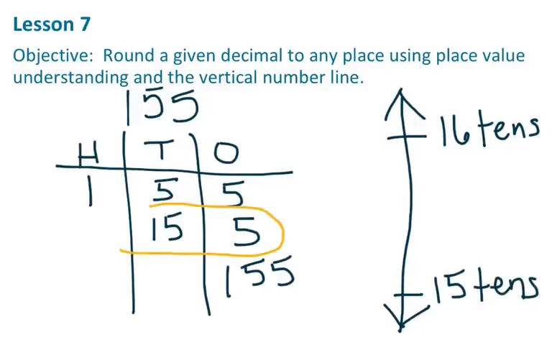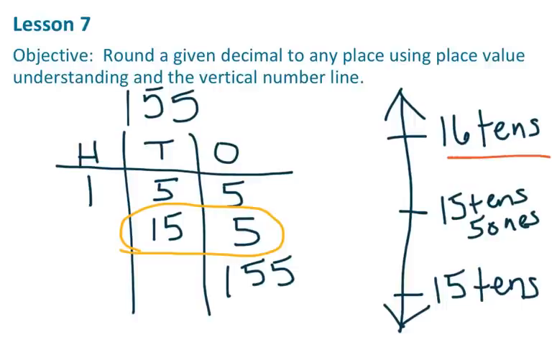So the students should know that halfway between 15 tens and 16 tens would be 15 tens and 5 ones. And that's what they have for 155, 15 tens and 5 ones. So that would round up to 16 tens here.